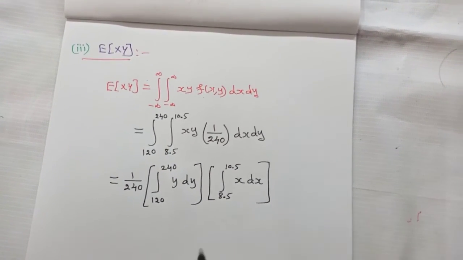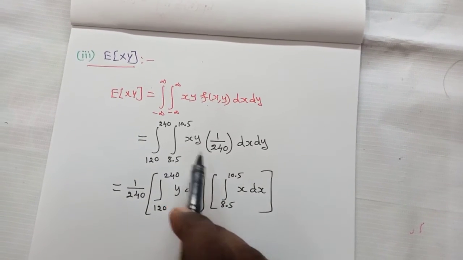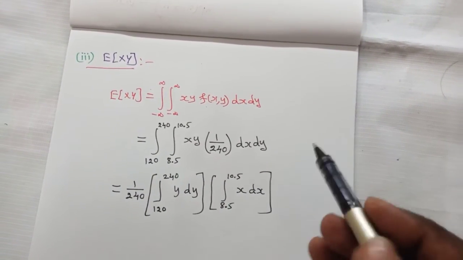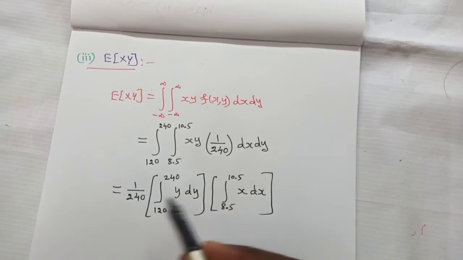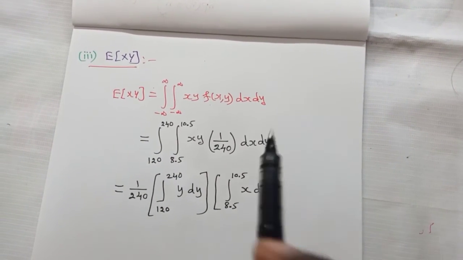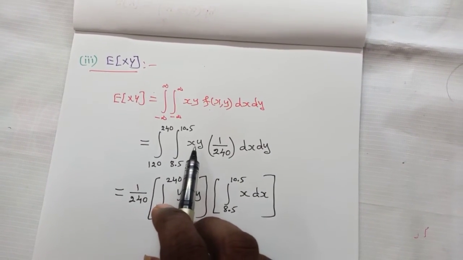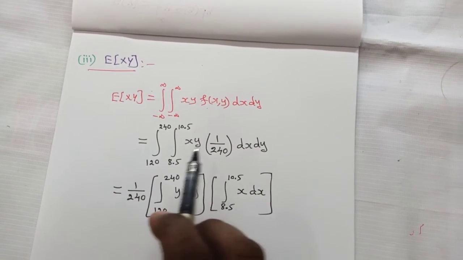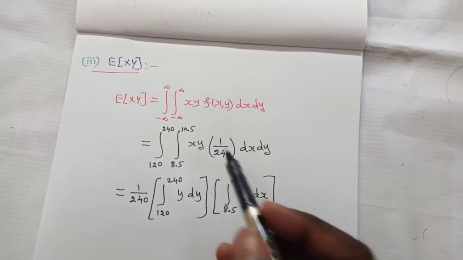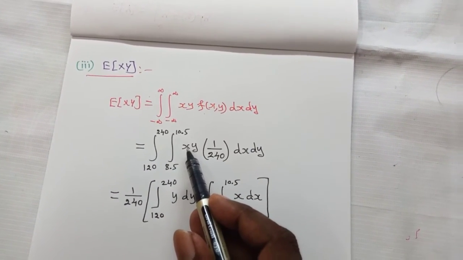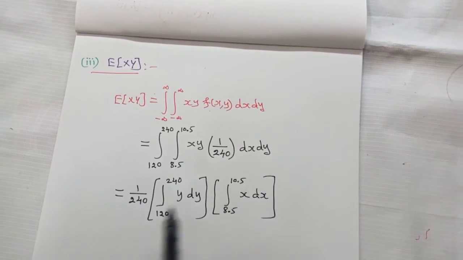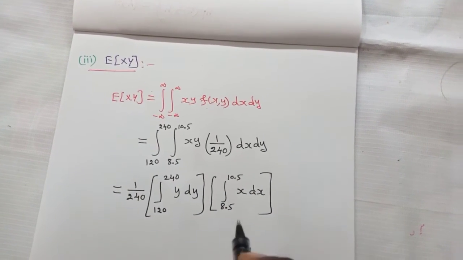This is possible only if the function can be written as a product of two different variables, like x into y. But x plus y cannot be written like this. Suppose you have x plus y, you cannot separate it like this. So this is a very important point.